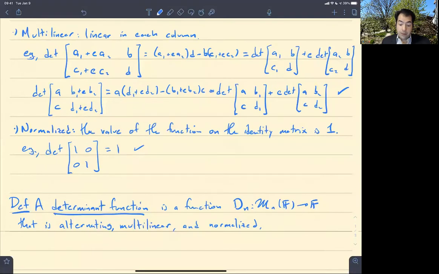Okay, so what we've checked when going over what these words mean is that the 2 by 2 determinant is indeed a determinant function.